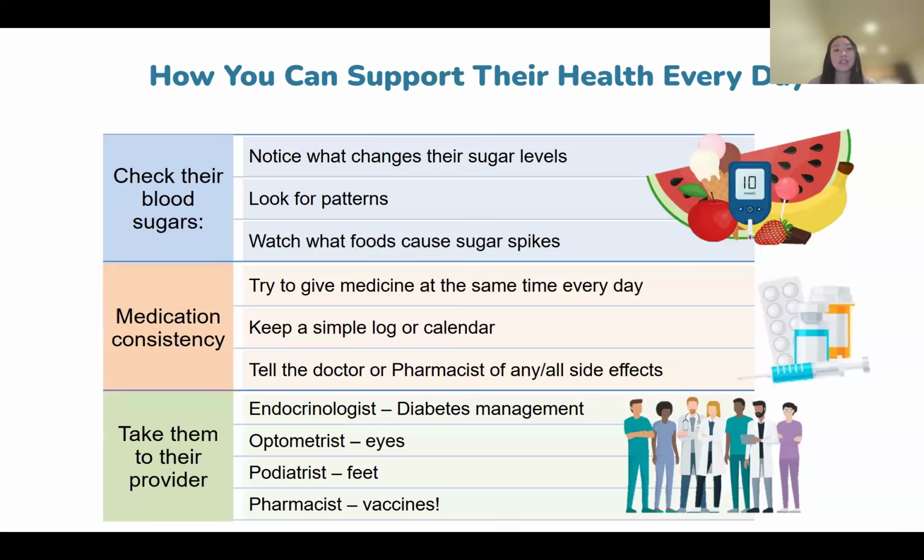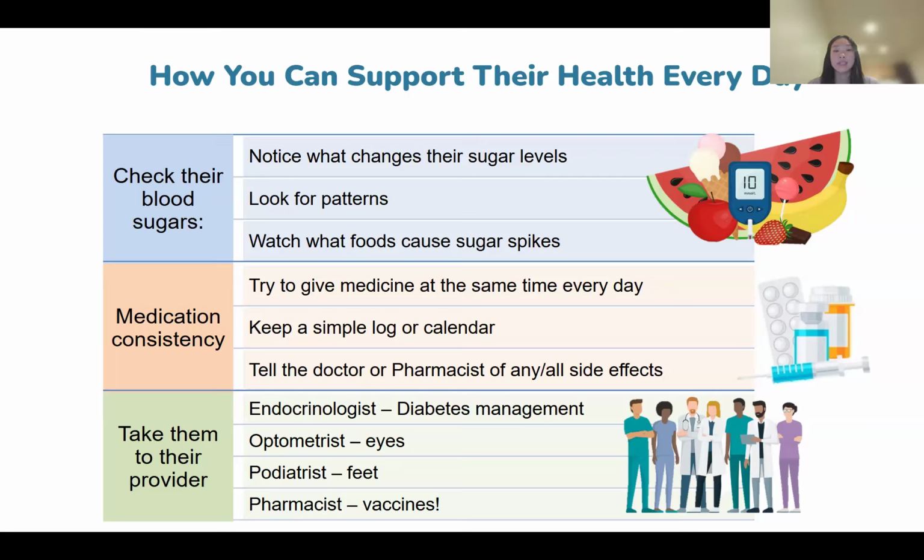And then some more general tips. When it comes to checking blood sugars, we're really trying to encourage people to keep a log of their blood sugar levels when they take it, if they've eaten or not before the measurement. And then what they might have eaten would be a helpful thing to write down too, to try to find patterns in what can spike their sugar levels.